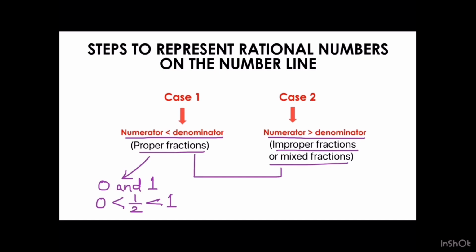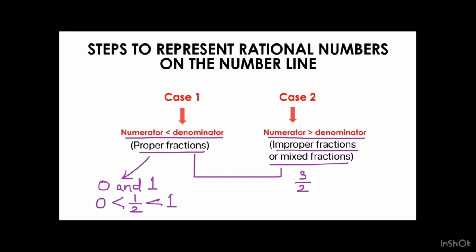The rational numbers that are improper fractions, we need to first convert it into mixed fraction and then represent it on a number line. Let's see an example. 3 by 2.